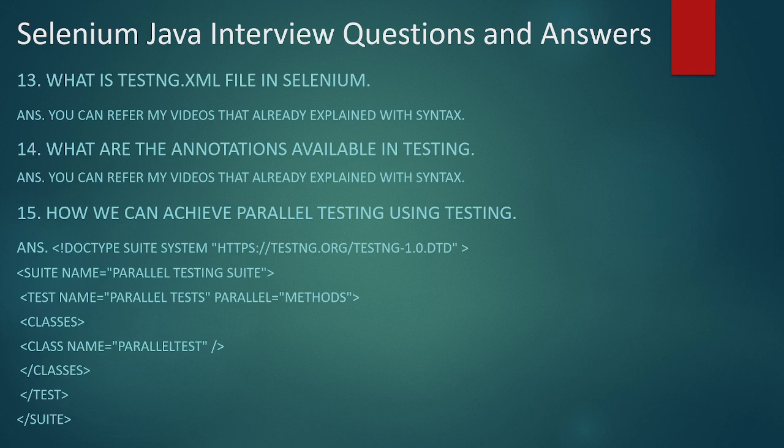Suppose we are doing multi-browser testing, in the Chrome driver and Firefox driver. You have to create one class called ParallelTest, and there you have to create two methods. Then you can achieve this parallel testing.